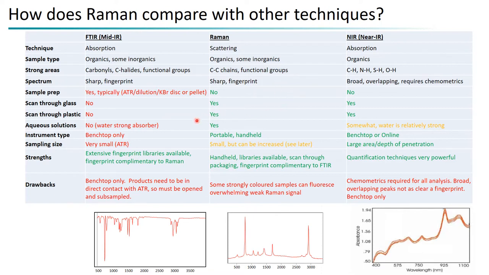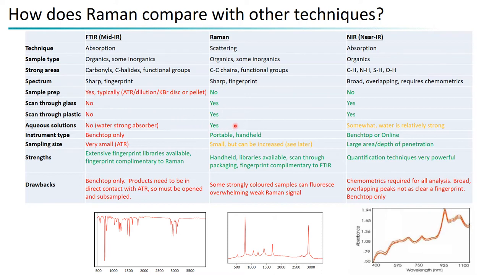The big difference between these two techniques is based on the sample preparation, as FTIR either requires preparation of a disk or subsampling of a selection of product and direct compression under an ATR crystal. You cannot scan through glass nor plastic because the mid-infrared is extremely sensitive for those, as is water.